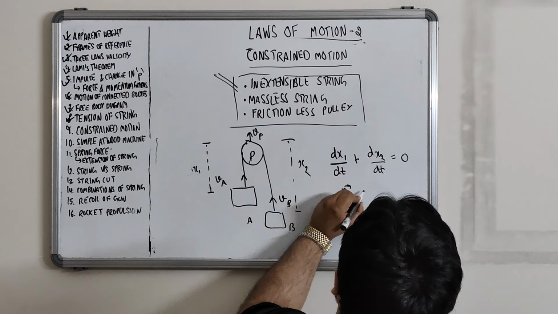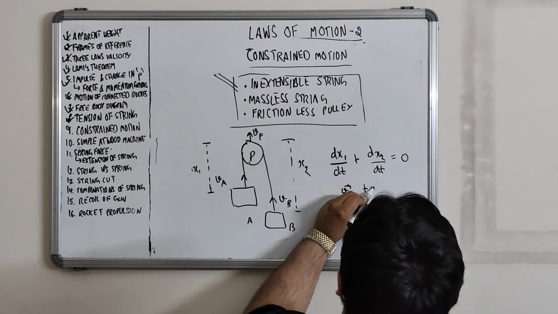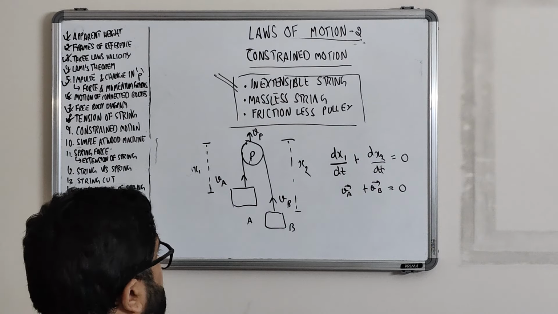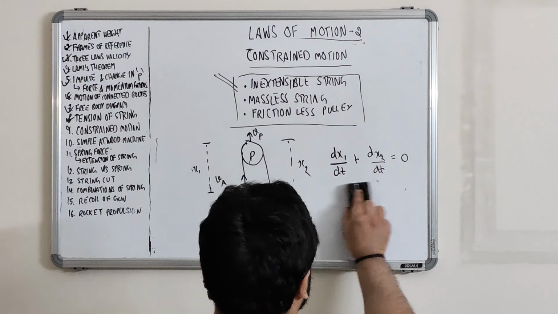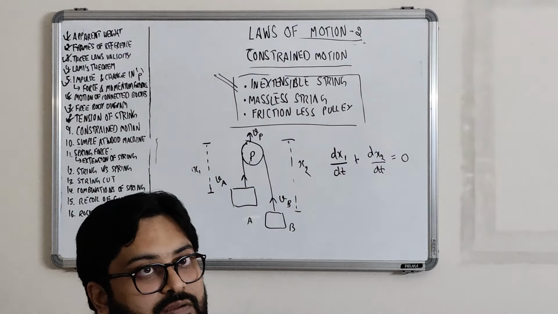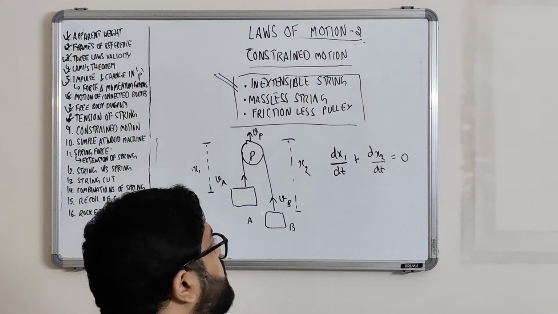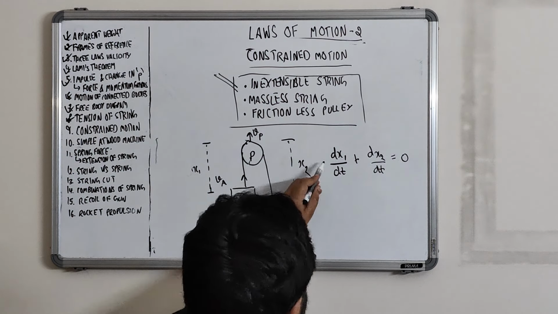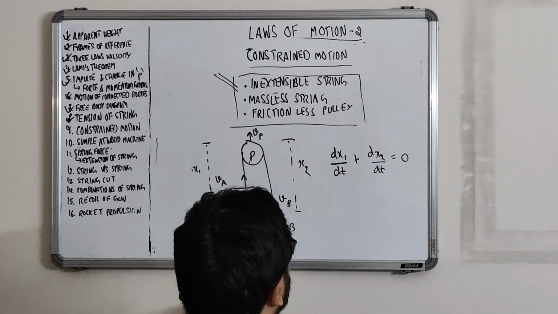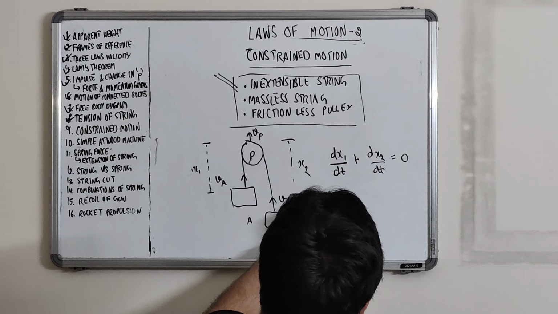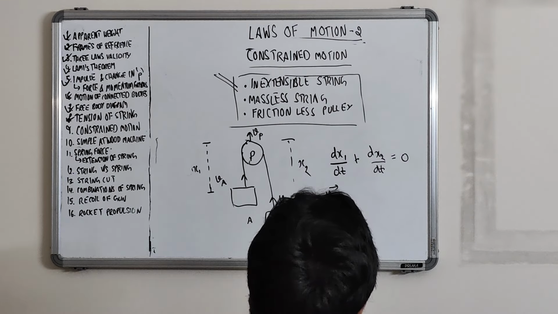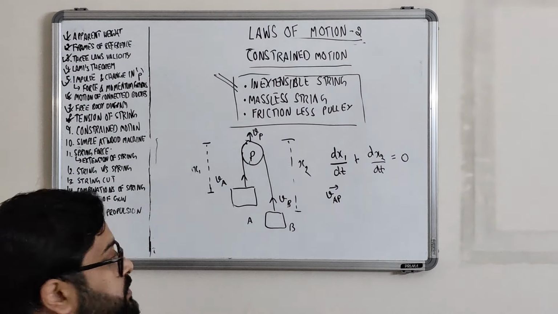So VA plus VB is equal to 0? No. Why? Because this becomes relative, because the pulley is also moving. So this does not equal VA. V1 will be the speed of A with respect to P. How much will that be?